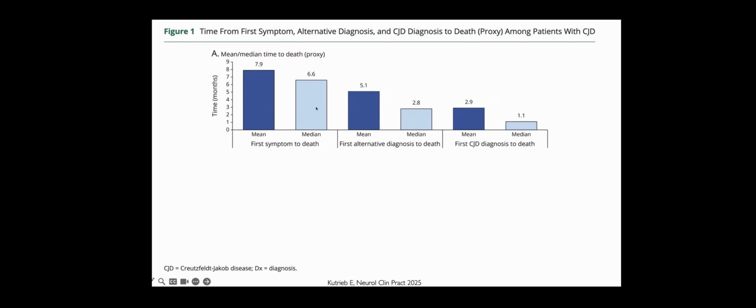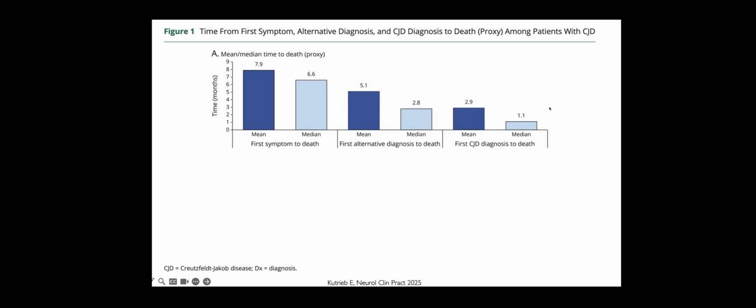We looked at how much time passed from the first symptom of prion disease till someone died, and that was about 6 months. That's about the average that's reported, 4 to 6 months. But I like to call attention to this very last part, where the median time from when someone was diagnosed with prion disease until they passed was only about a month.